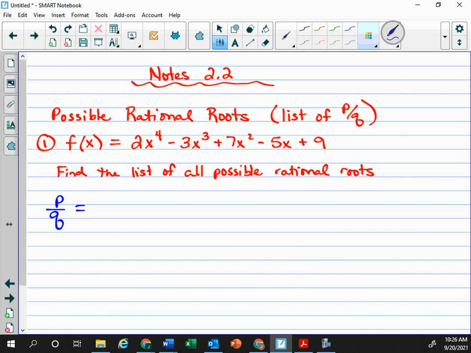The P part of this, these are factors of the constant. So right now, this is where P comes from. For us, the 9. And Q is factors of your leading coefficient. So you can ignore all the rest of the numbers in that function.